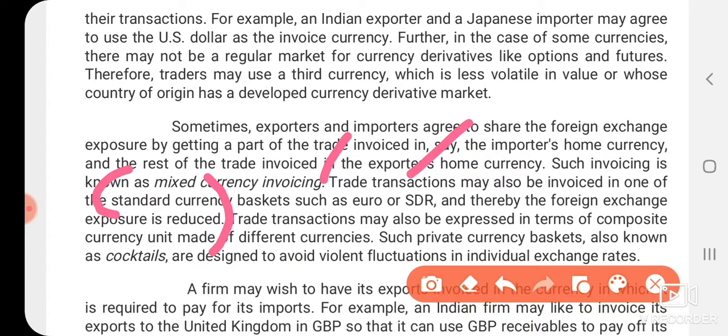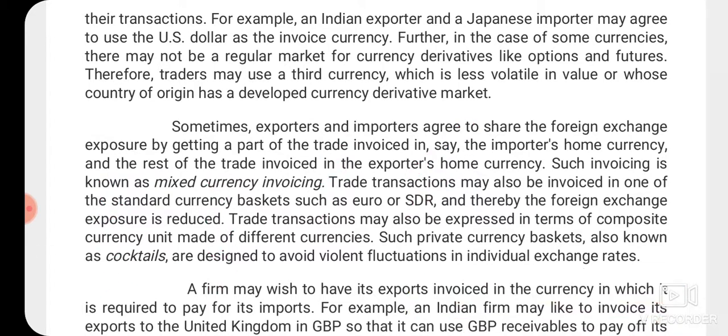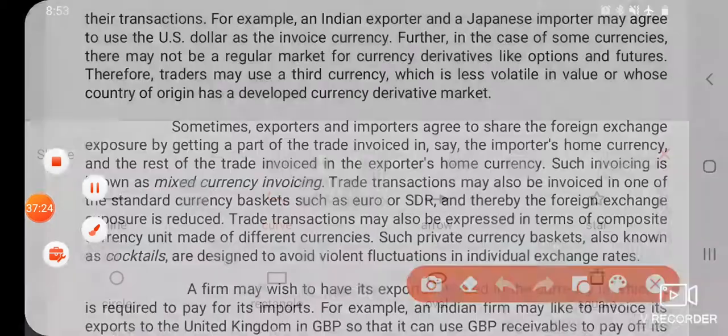This is what is meant by composite currency units. Composite currency units. Okay.